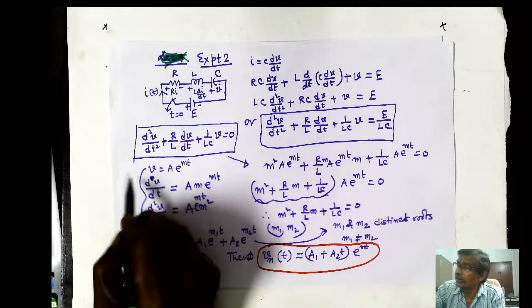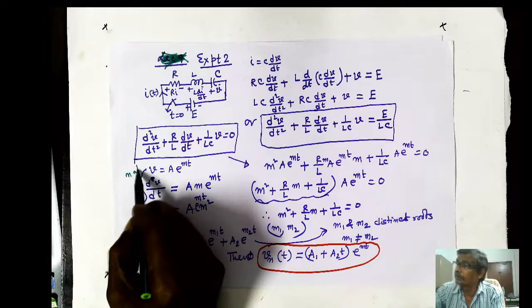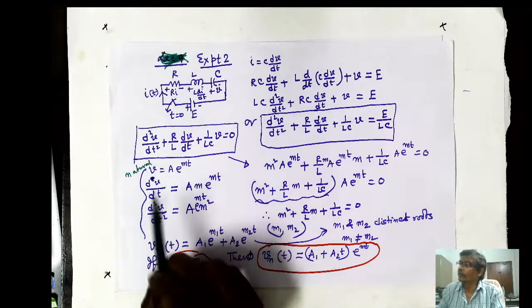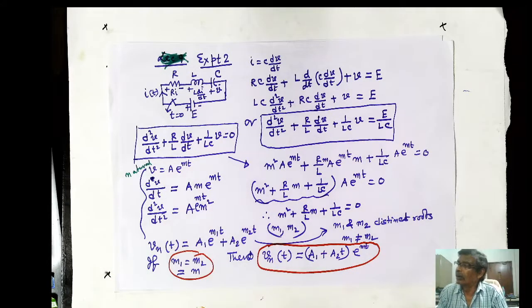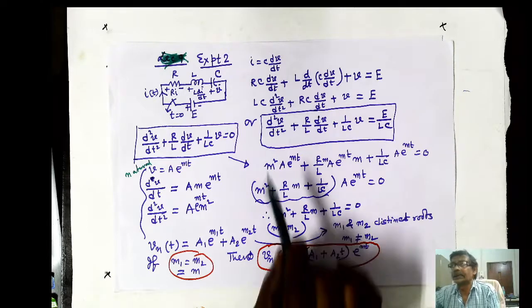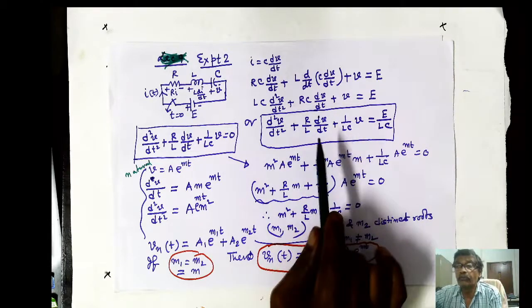The only option left is to guess for v some A times e to the power mt. It has to be, because exponential terms, when you differentiate or integrate, retain the same form. That's why perhaps these three functions when added up can give 0 for all time t.